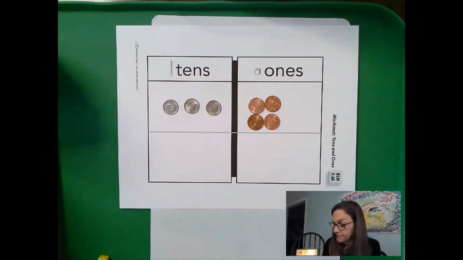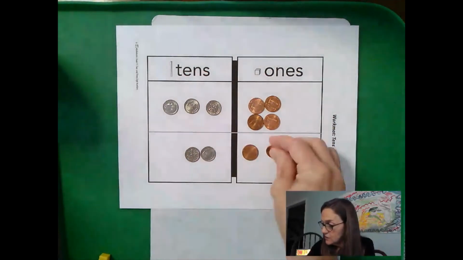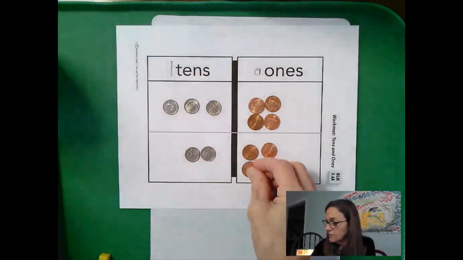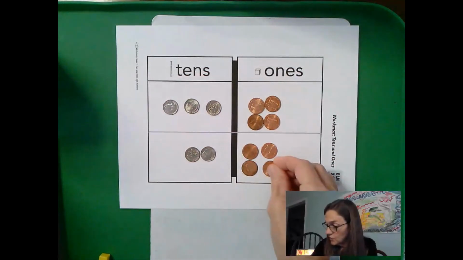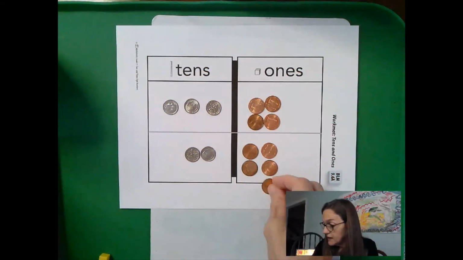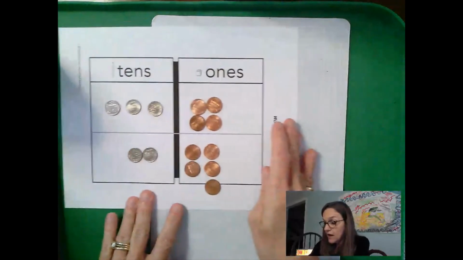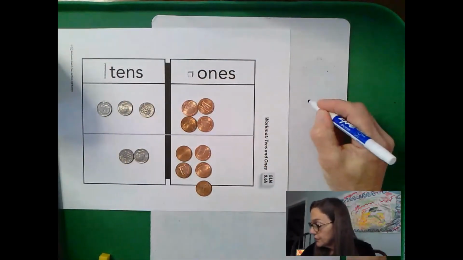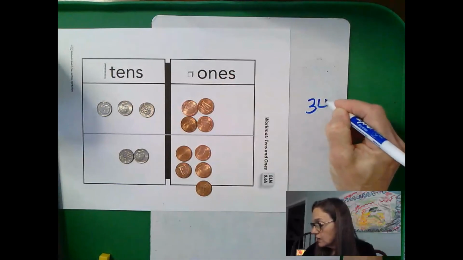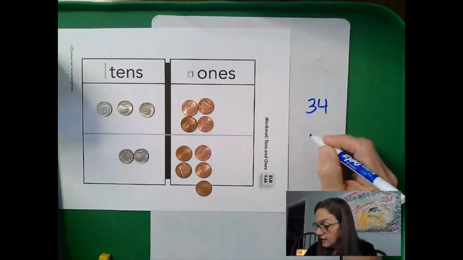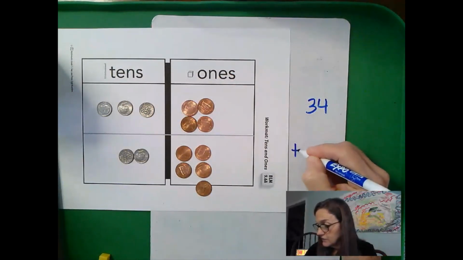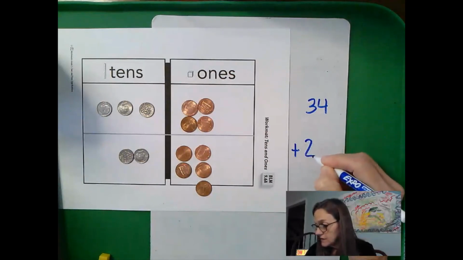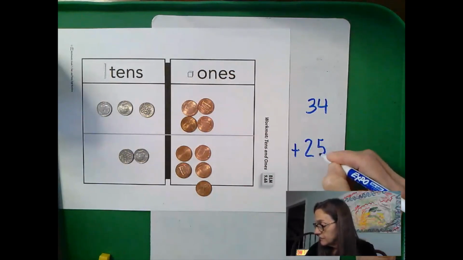Okay, then if I asked you to make, let's say 25, 10, 20, 21, 22, 23, 24, 25. Okay, so now I have 34 plus 25.